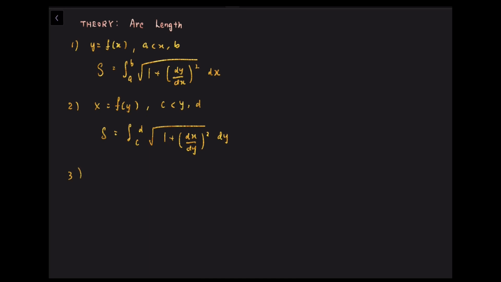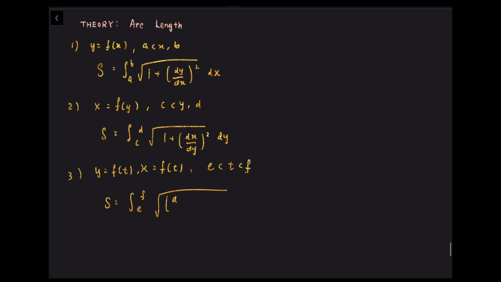And for the third case, which is the function defined parametrically, y equals f(t) and x equals f(t), for the region where t is between e and f, then s equals integrate from e to f the square root of (dy/dt) squared plus (dx/dt) squared dt.